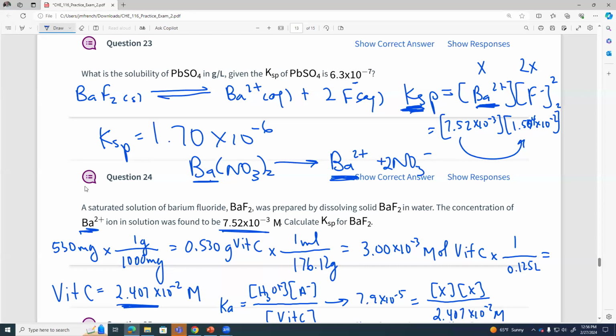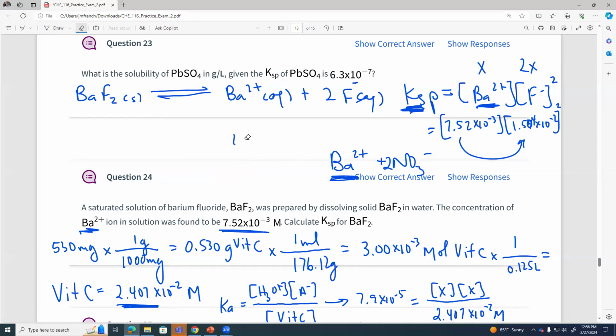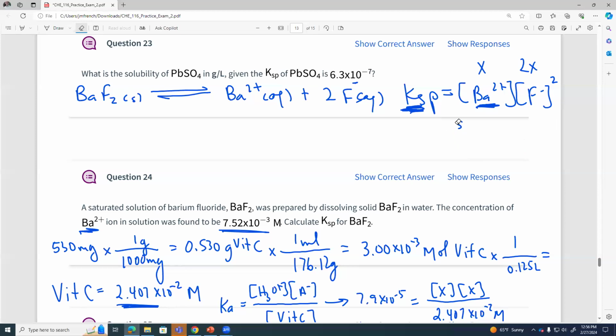Yeah, and that would be like this case. So if it was this problem and I said your KSP for barium fluoride is whatever it was, 1.7 times 10 to the minus 6, what's your concentration of barium?